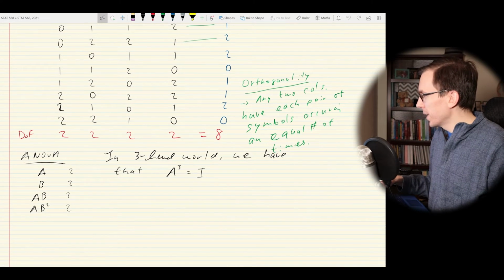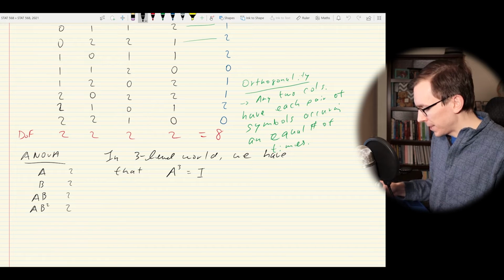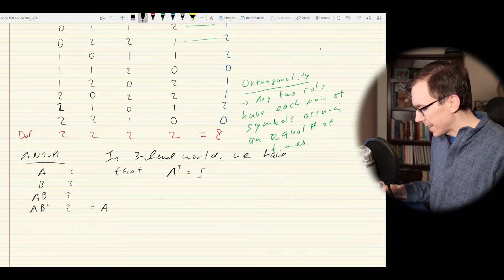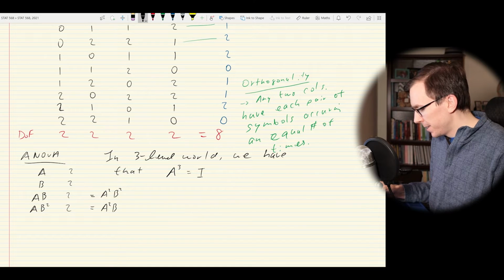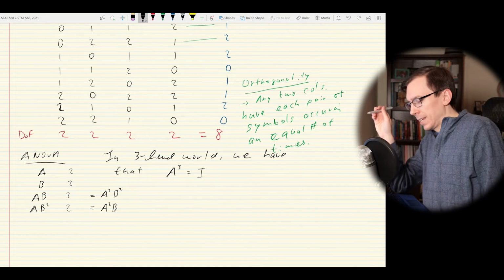It's one of the confusing things that you might see when you're looking at designs like this, and it's one of the reasons why we typically write AB and AB squared. This column would be technically equivalent to A squared B, and this one would be equivalent to A squared B squared.